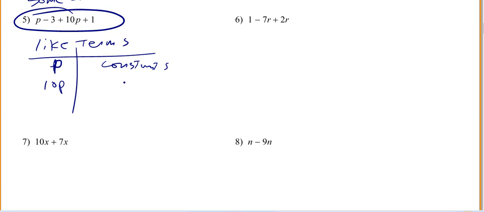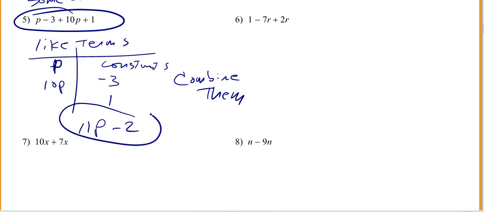It's a p, right? 10p. I've got a negative 3 and a 1, and we're just going to combine them. So that's a positive p plus 10p, which is 11p, minus 3 plus 1, so minus 2. So our answer is 11p minus 2.